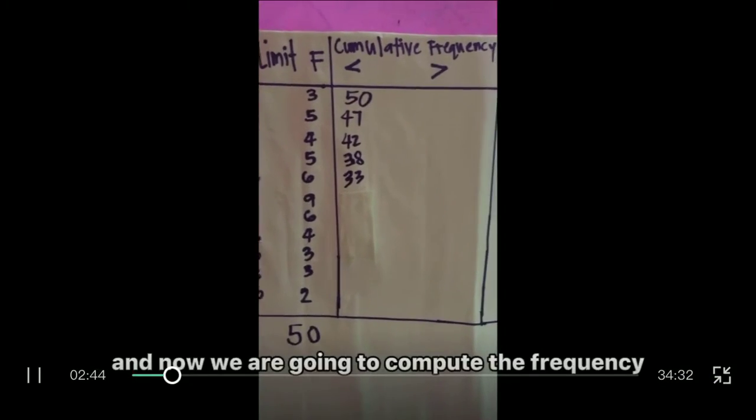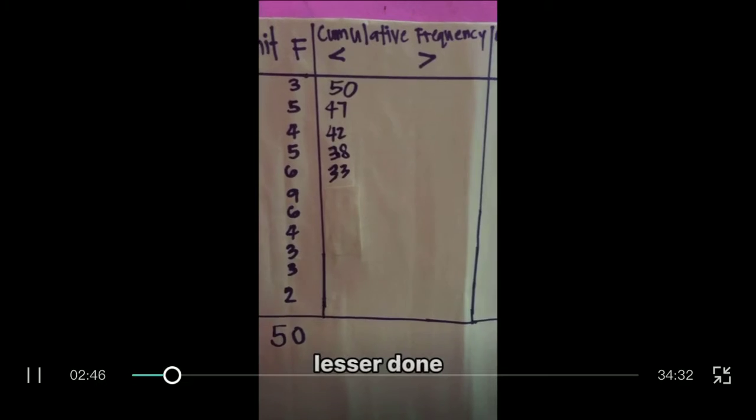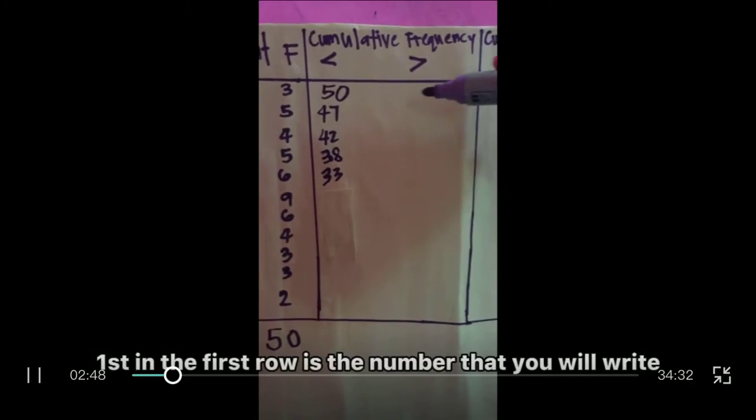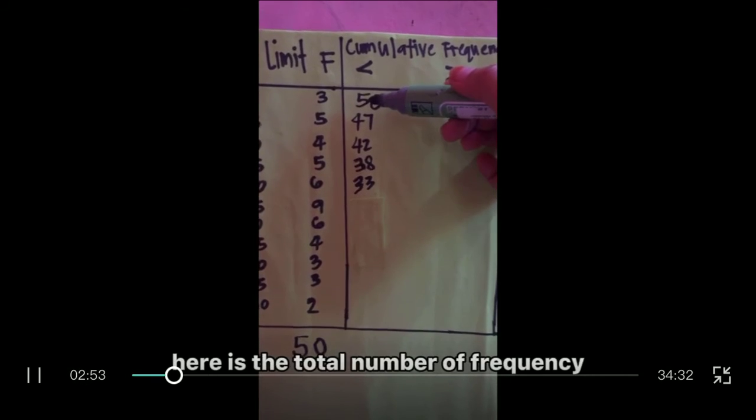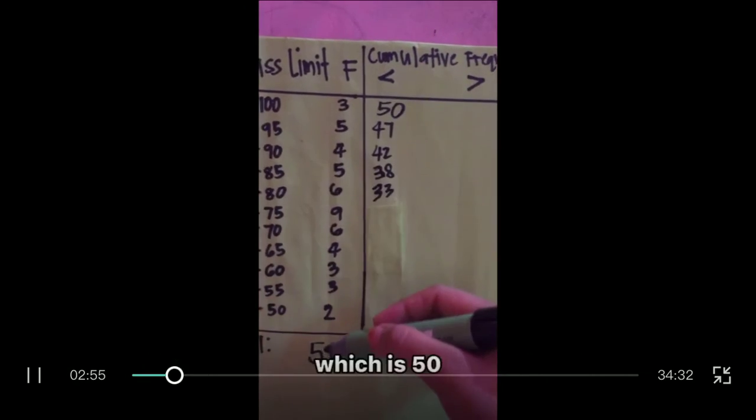Now we are going to compute the cumulative frequency lesser than. In the first row, the number you will write is the total number of frequency, which is 50.